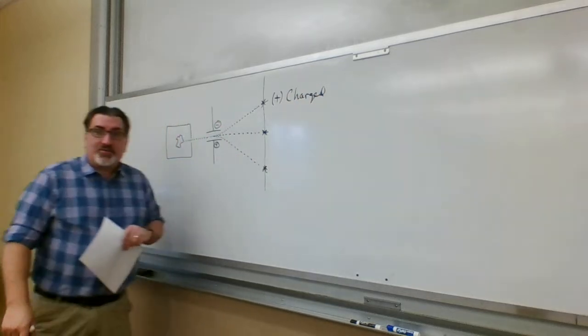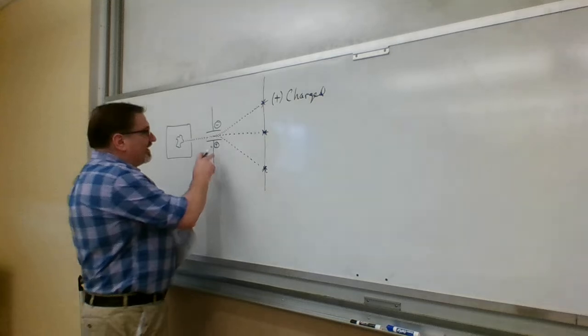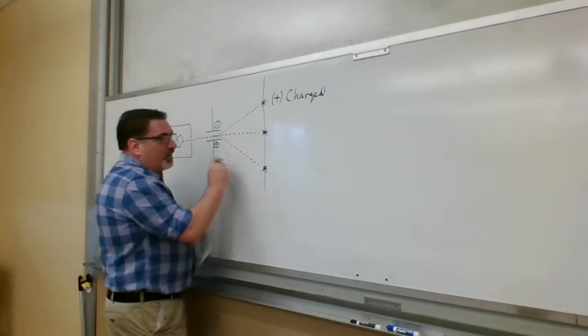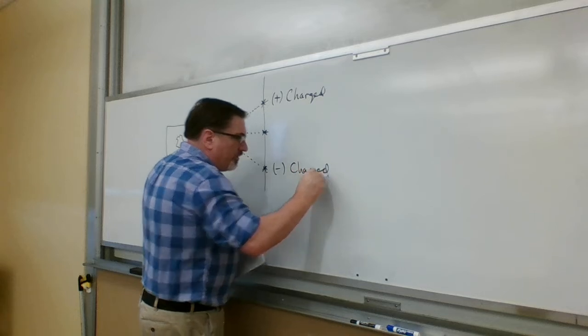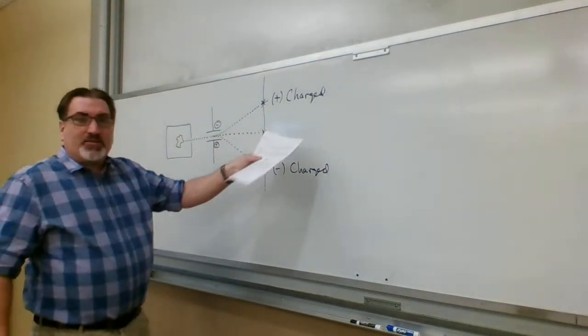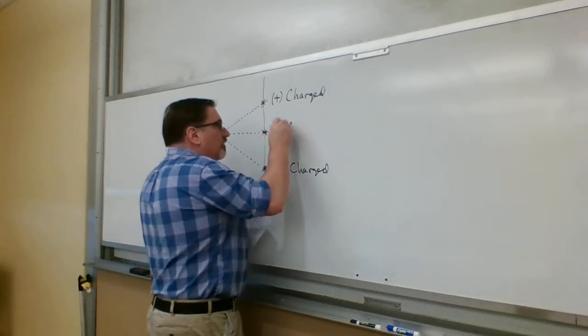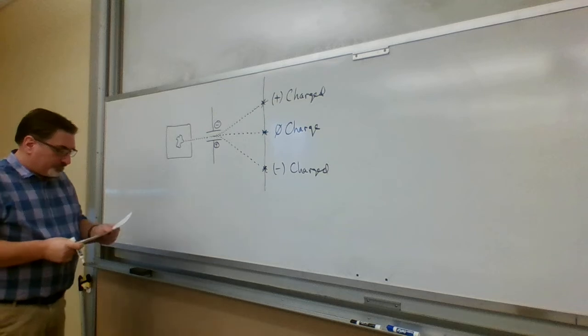Because opposites attract, right? Things that are negative are attracted to things that are positive. The things that deviated toward the negative side must be positively charged. Opposites attract. The things that did not deviate, the things that went straight through, must therefore have no charge.